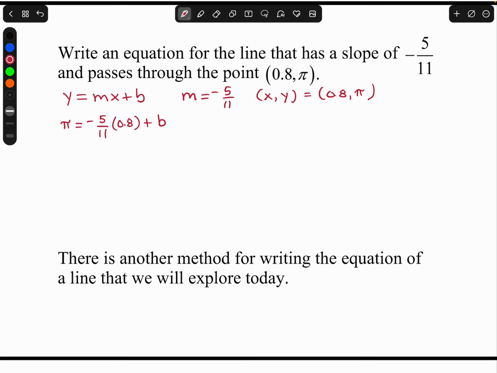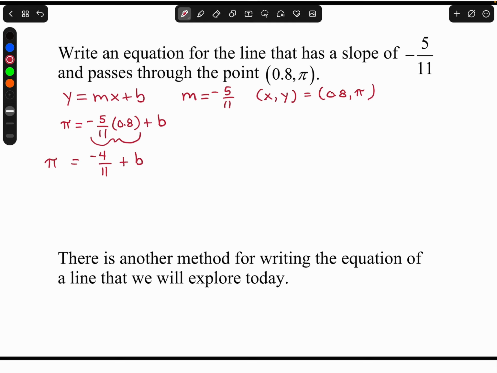If we were to multiply 0.8 times -5/11, I believe that's like -0.36 repeating, which is just -4/11. You can use your own calculator, you can trust me that I've multiplied it correctly on this one. But we get -4/11 plus b still equals pi.